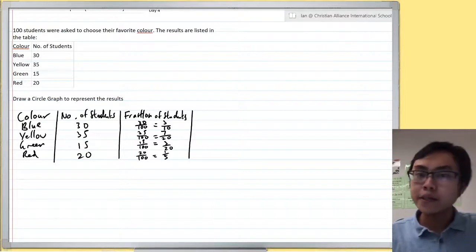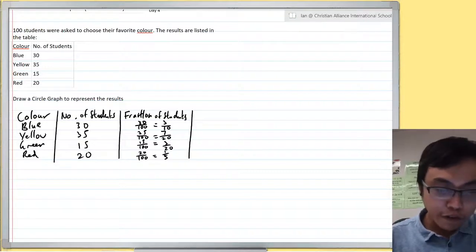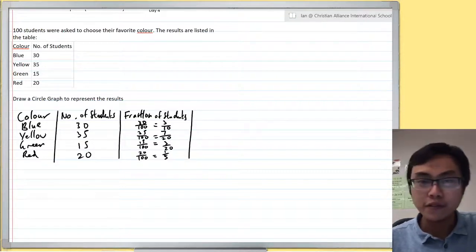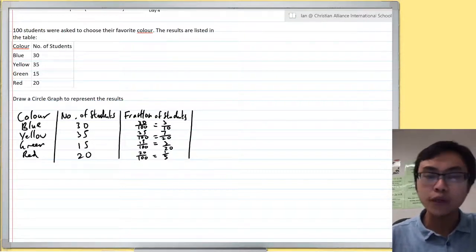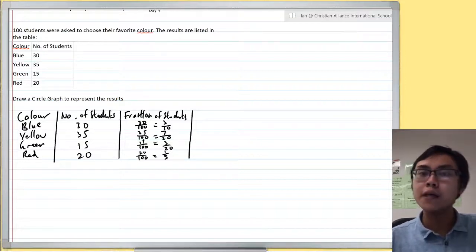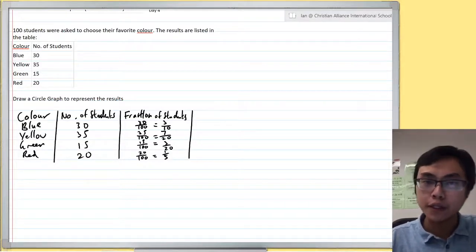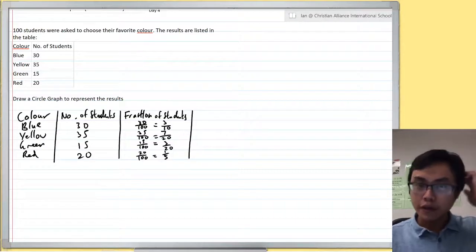Now keep in mind that in this column, most of our fractions have different denominators, which means that later on, when we do our working out for the angle required, it may be a little bit difficult or complicated. But it doesn't matter, I will show you another method as well.